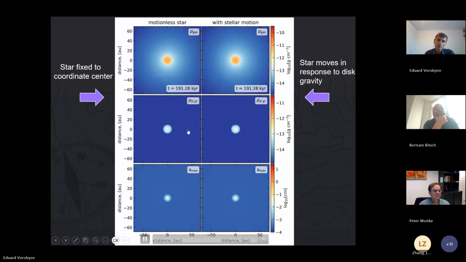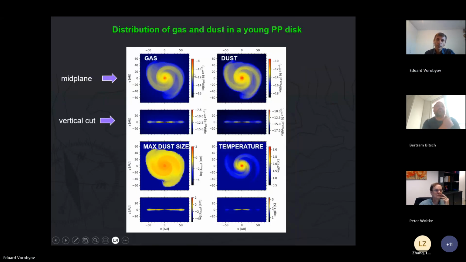Here is another view of the disk, again gas and dust, and now I also show the vertical cuts. You can see how the disk looks at the edge, basically if you viewed it edge-on.